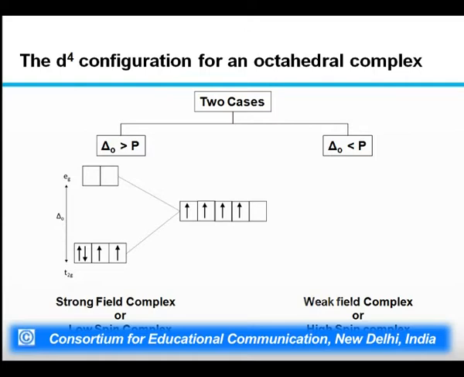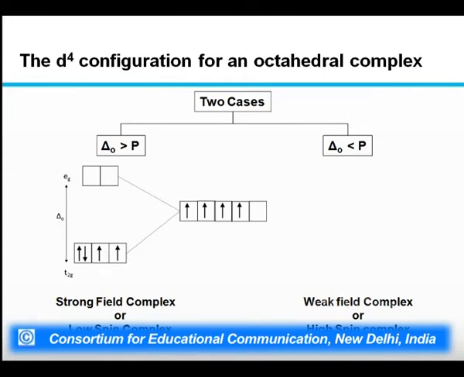Now, this implies that the delta value is high, so therefore, it is known as a strong field complex. And since the number of electron pairs increases or the number of unpaired spins decreases, this is also known as a low spin complex.